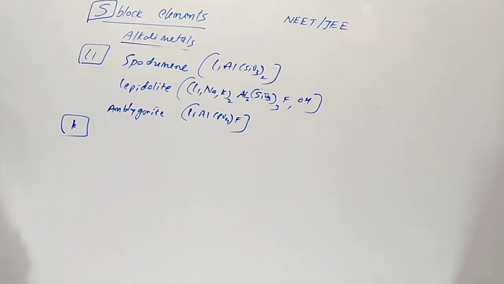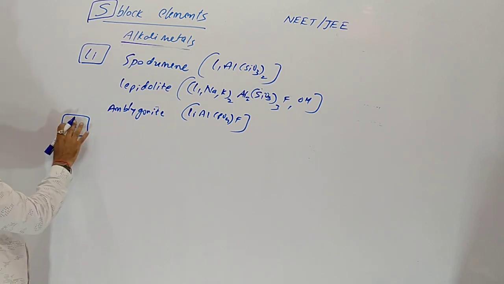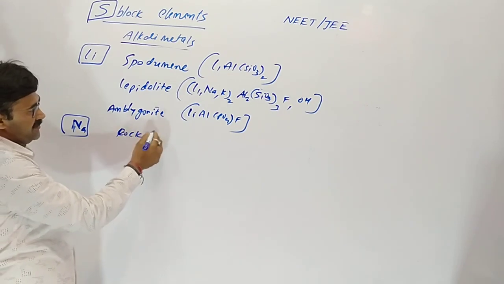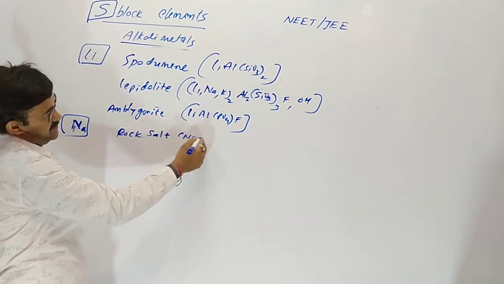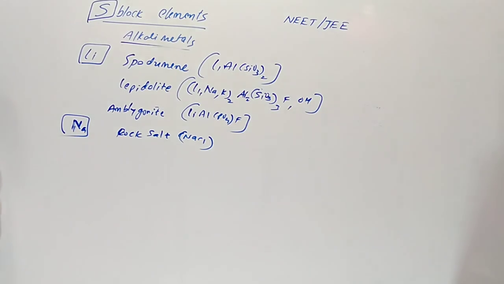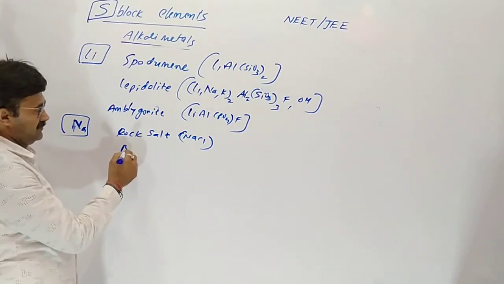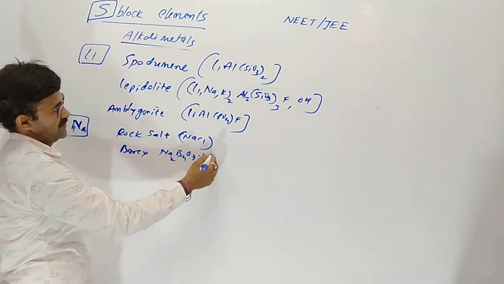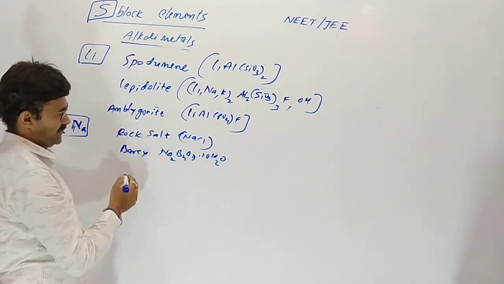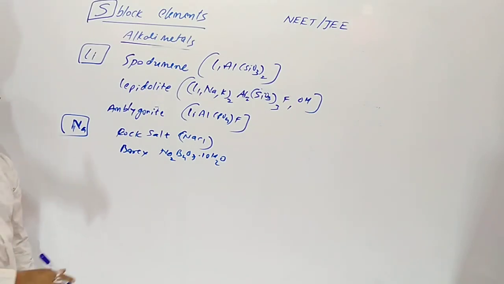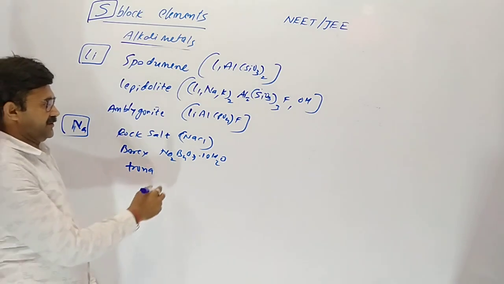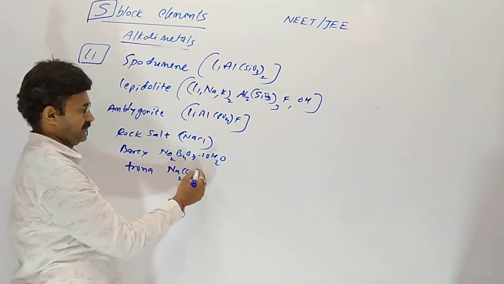Now what about sodium? Rock salt. Rock salt means NaCl. Borax, Na2B4O7·10H2O. Trona: Na2CO3·NaHCO3·2H2O, sodium carbonate and sodium bicarbonate, it's new for you.